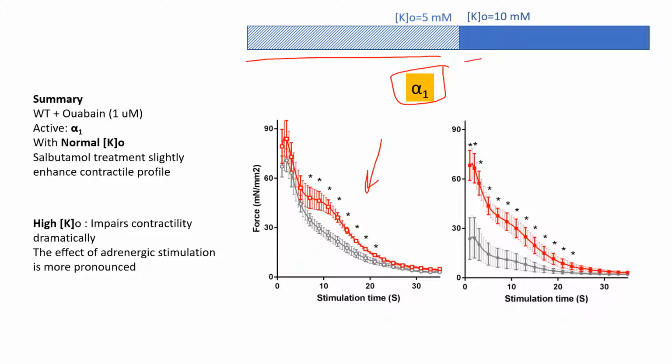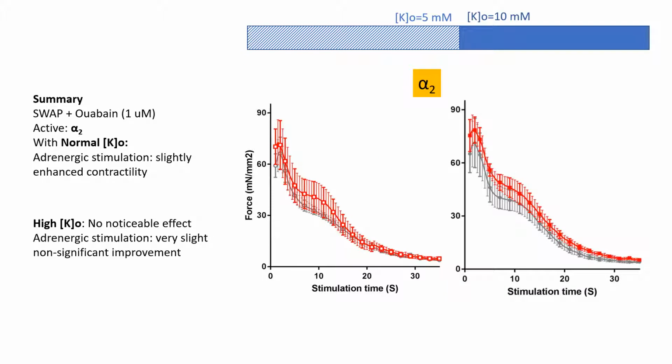When we have high extracellular potassium and alpha 1 active only, the high potassium impairs contractility dramatically. Just compare gray here with gray here. And the effect of adrenergic stimulation here is more pronounced, like a 2 to 3-fold increase in the total force generated after adrenergic stimulation.